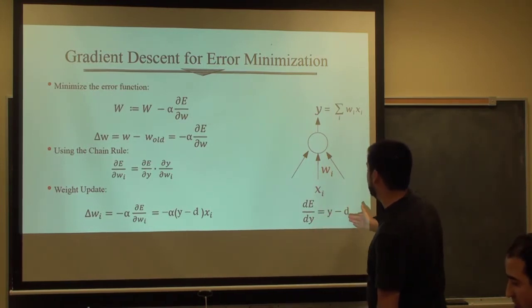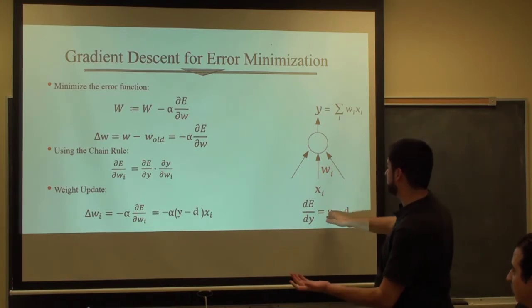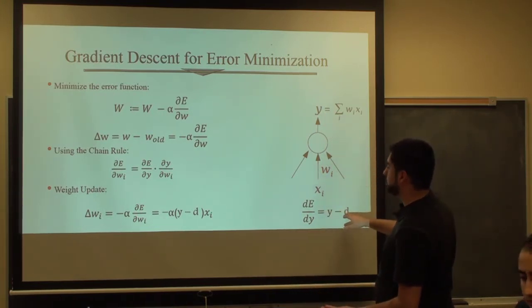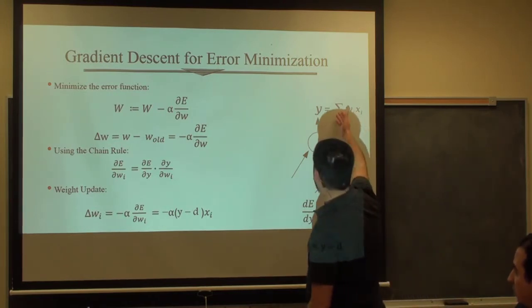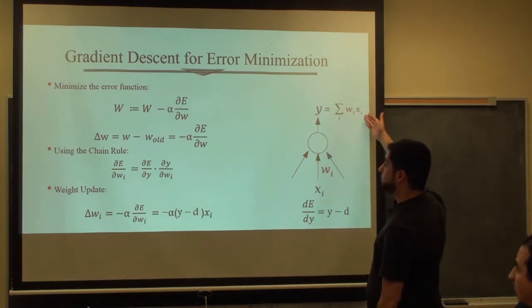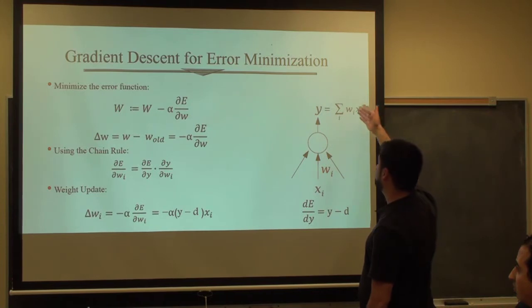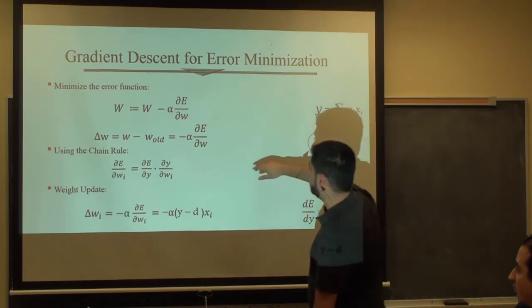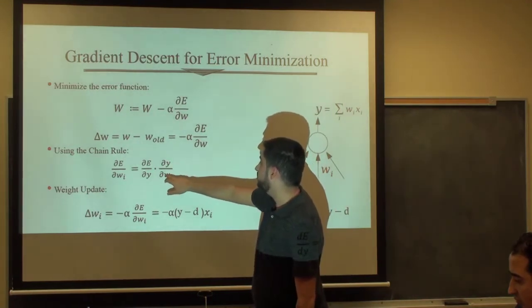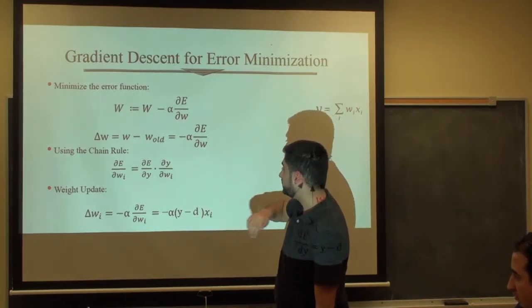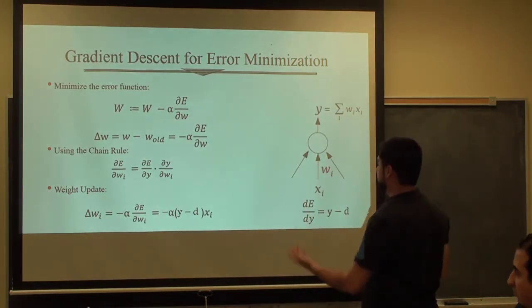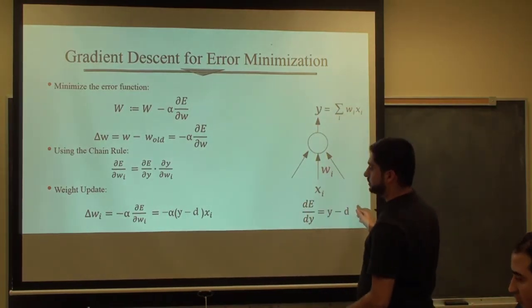We can set it to be just y, our output value, minus d, which is the actual. Then our function y can be represented in terms of x, which is w times x. So we can do a chain rule: first differentiate our function, dy over dw, which is just x. Then dE over dy, which is just the error of our system.